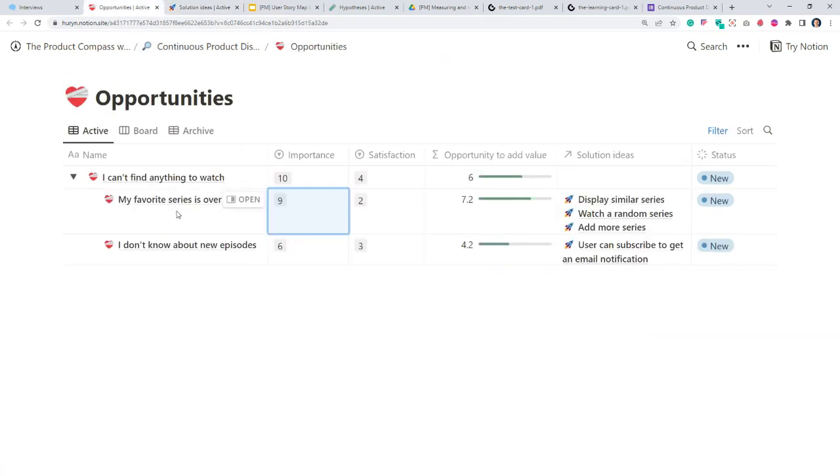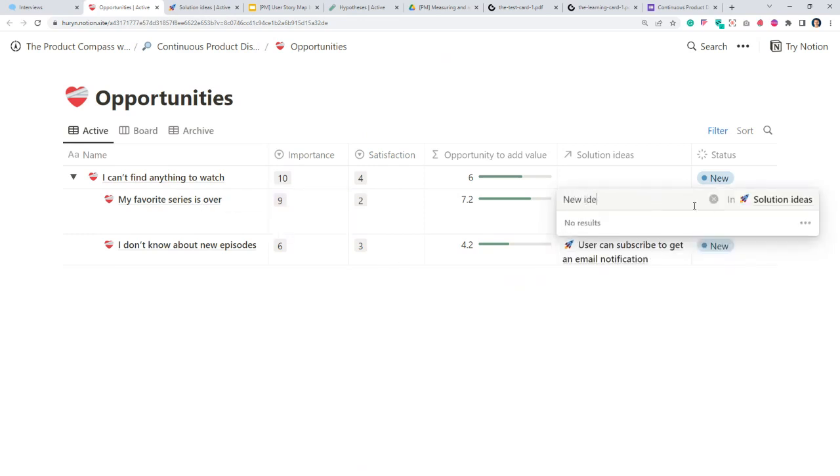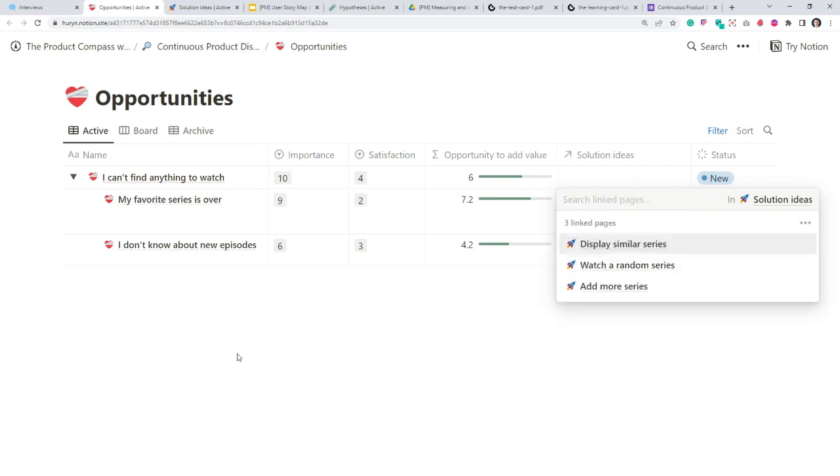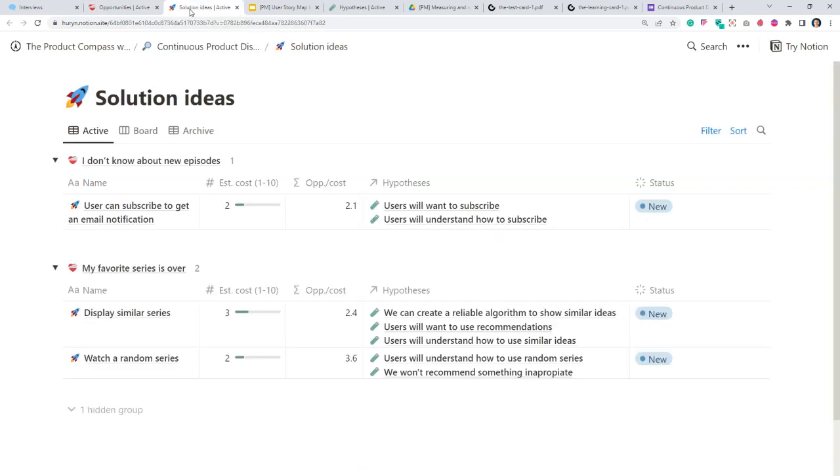So for example, if I select my favorite series is over, I can add a new idea here. But I'm in read-only mode. But if you use the site that you can duplicate, and if you duplicate it, you can add an idea directly here. But we can also do it from this view, and here ideas are grouped by the opportunity.